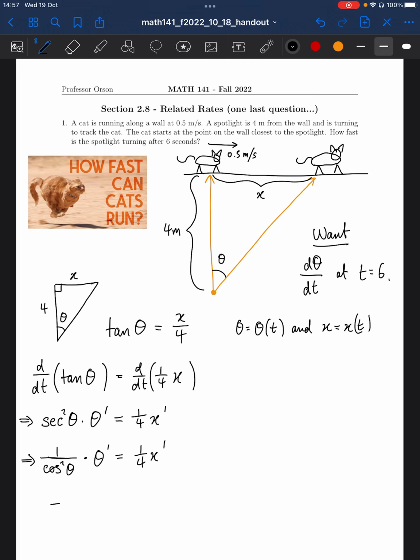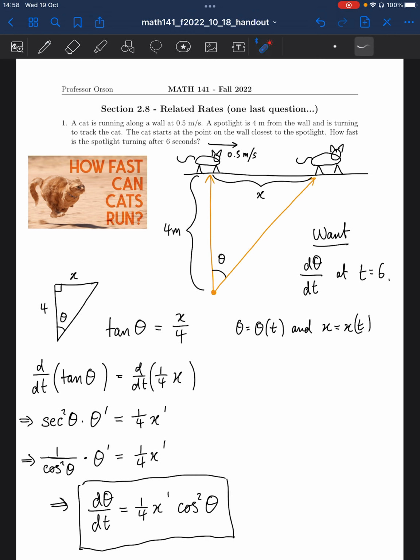And then that's going to give me my final formula that I want to try and solve. d theta by dt is 1/4 x prime cosine squared theta. So that must be how I'm going to get my eventual d theta by dt.